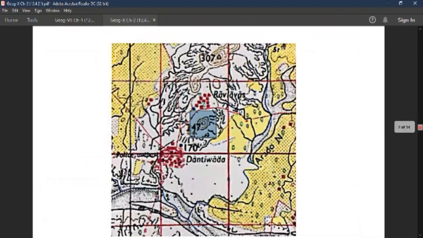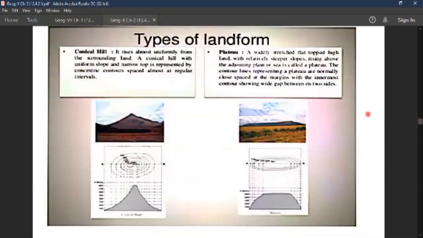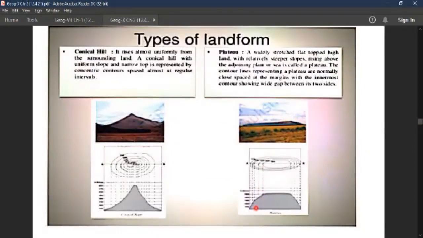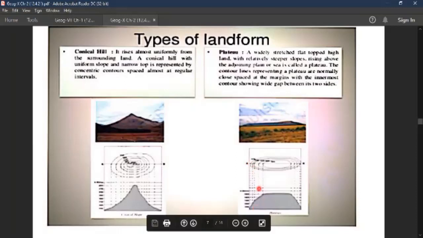The second landform is a plateau. As you can see, this is the plateau. Plateau or tableland are considerably higher than the surroundings, which are represented by contours closely spaced at the edge but having enough gaps in the central area to show a flat top.